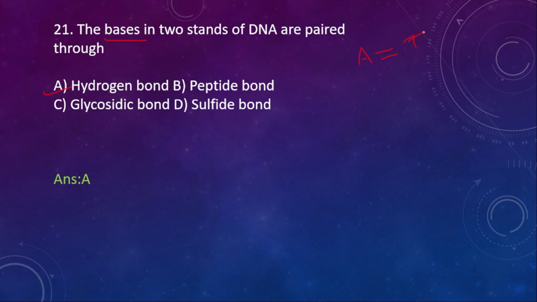T, with how many hydrogen bonds? 2. If G is there, it is pairing with C, with how many hydrogen bonds? 3. If C is there, to whom is it going to bond? It is going to bond with G. If T is there, it is going to bond with adenine with 2 hydrogen bonds. And vice versa.